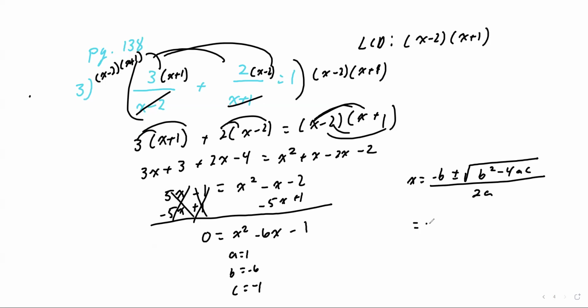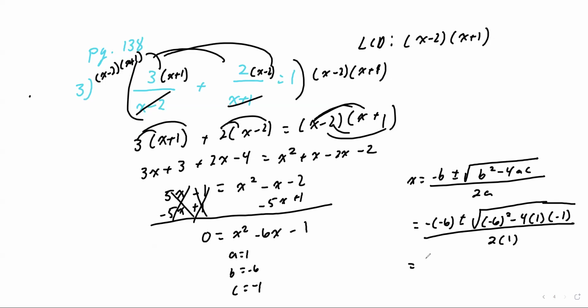So in this example, this will be -6 plus or minus the square root of -6 squared minus 4 times 1 times -1, over 2 times 1. So I get positive 6 plus or minus the square root of 36 plus 4, it looks like, yep, over 2. And then I get 6 plus or minus the square root of 40 over 2.